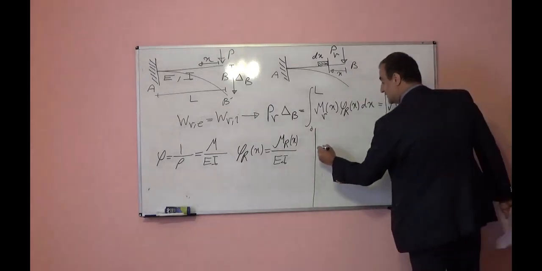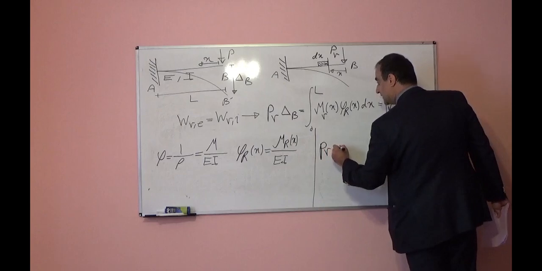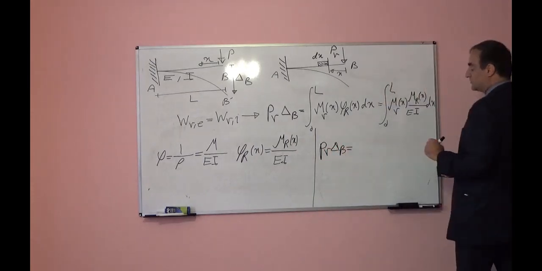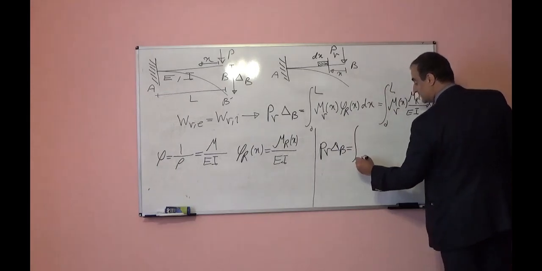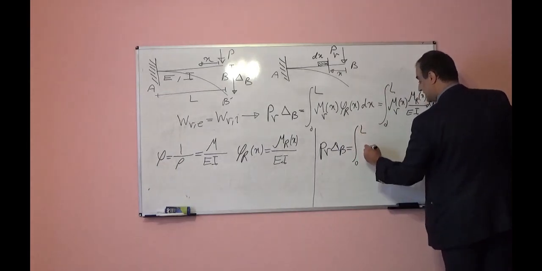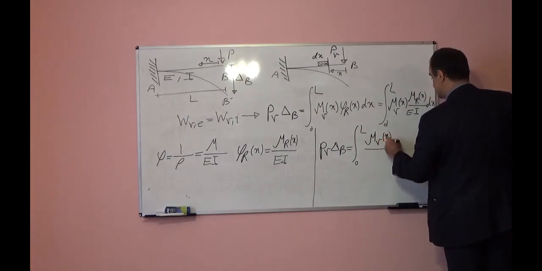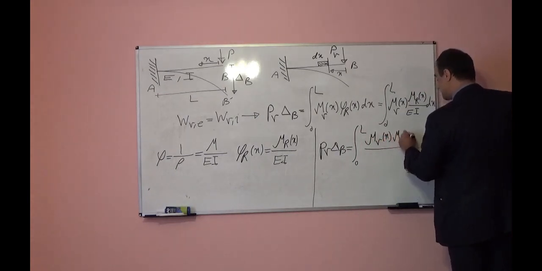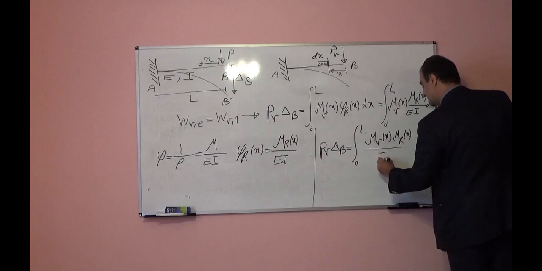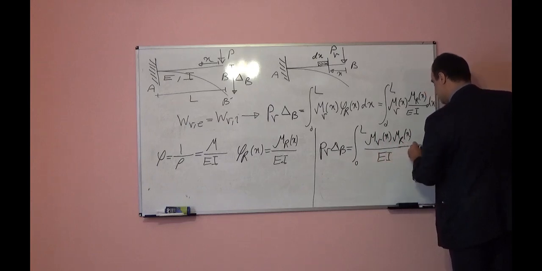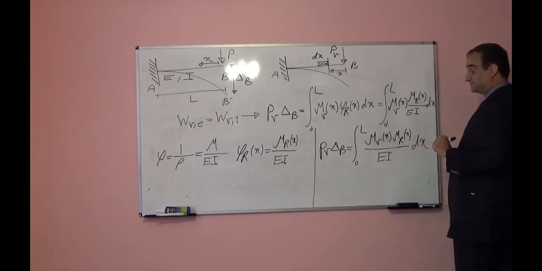From here, P virtual times delta V will be equal to integration from 0 to L of m Vx m Rx over EI dx.